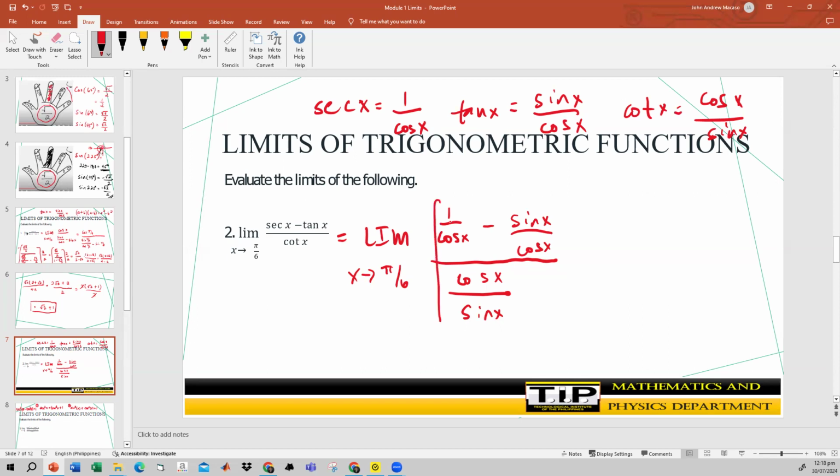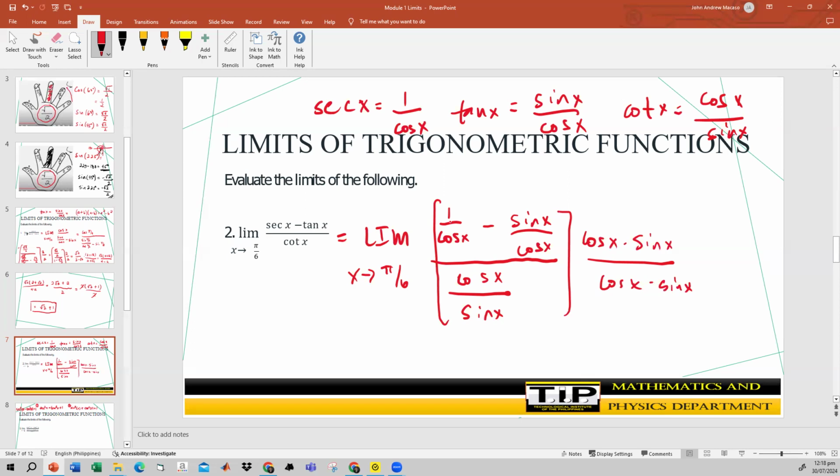So again, if we have a fraction over a fraction, what you'll do is you just need to multiply both the numerator and the denominator by the LCD. So what is the LCD, class? So the LCD of this is cosine x times sine x, right? So we will multiply both numerator and denominator by cosine x times sine x.